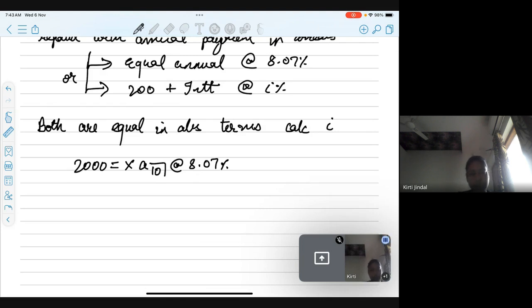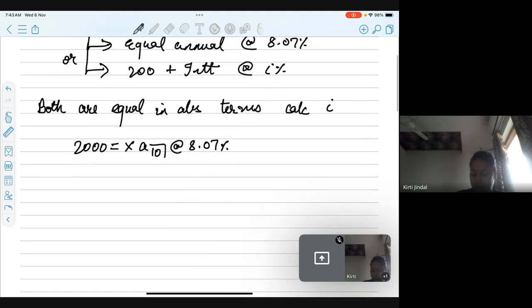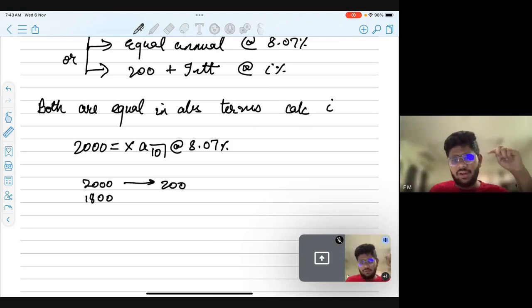So it will be a decreasing annuity. Out of 2000, 200 is paid, then interest is charged on the remaining 1800. In the first year, the interest will be on all of 2000.